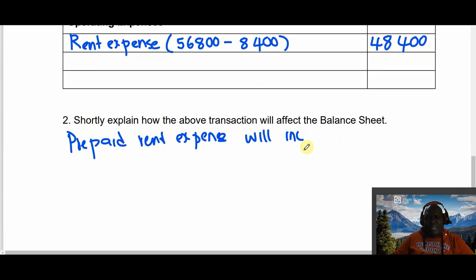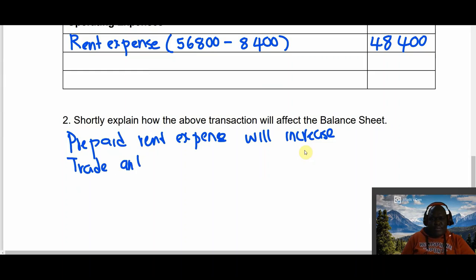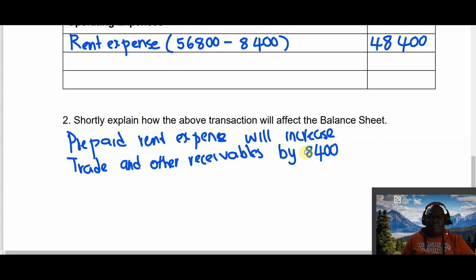So the prepaid rent expense will increase trade and other receivables by 8.4. Remember, it was prepaid for 2 months. 8.4 comes from 4.2 multiplied by 2. Okay, so that's all.